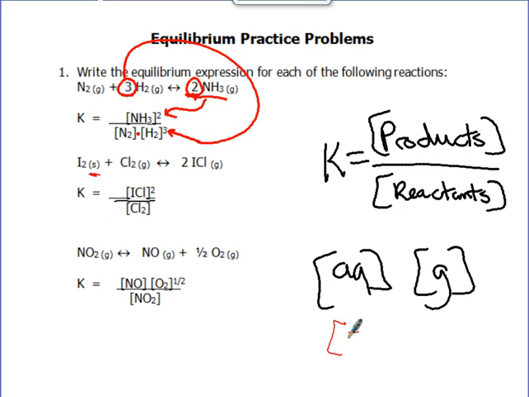If you have a solid, you put a 1 in its place in the expression. You don't really have to write the 1 in, but you can just keep that in mind. These are both gases, so they're included. The product is iodine monochloride, so it's on top. There's 2 of them, so that's why this is squared. The coefficient's 1 here, so that's a 1. We don't really even need to write that one either, but there we go.